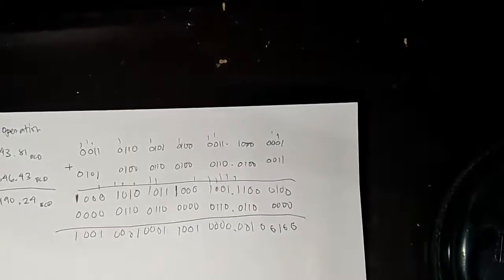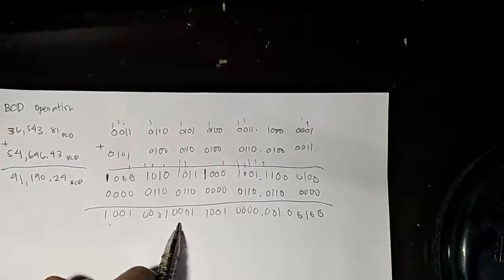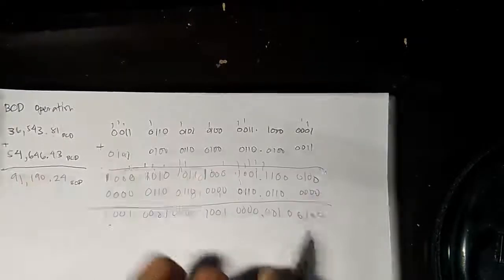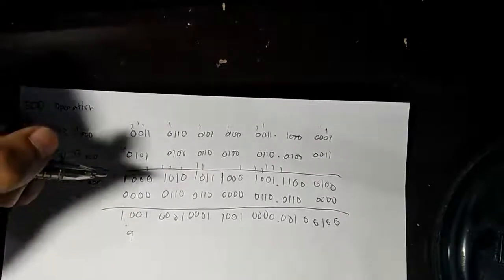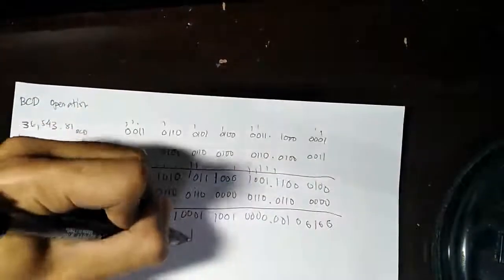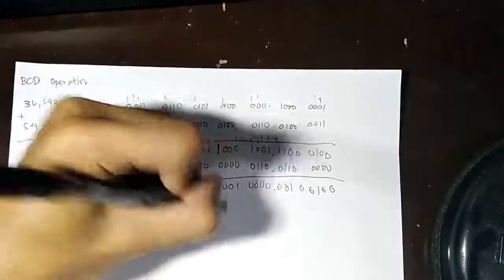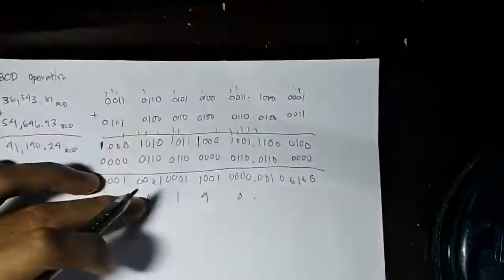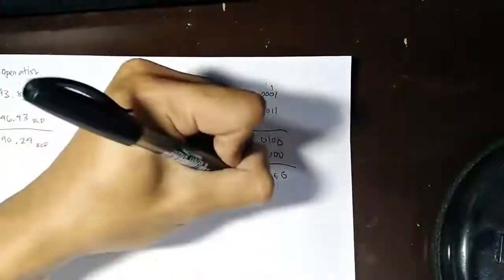So this is the result, and the last process is you just convert these groups of 4 binary digits into their equivalent decimal. So 1001 is a 9, 0001 is a 1, and again a 1. 1001 is a 9, four zeros is a 0, 0010 is a 2, and 0100 is a 4.